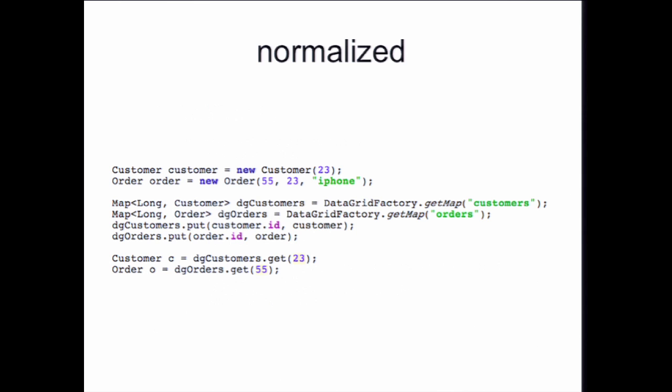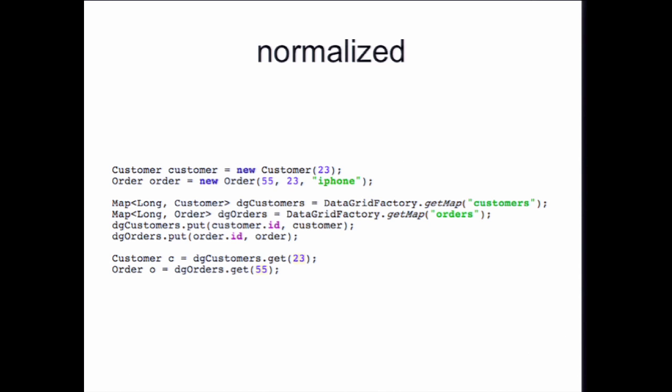Then for the in-memory database, we will have customers and orders data maps, or caches, separately, and we're managing these two caches separately. So this is good when you're reading the orders by key, for example.